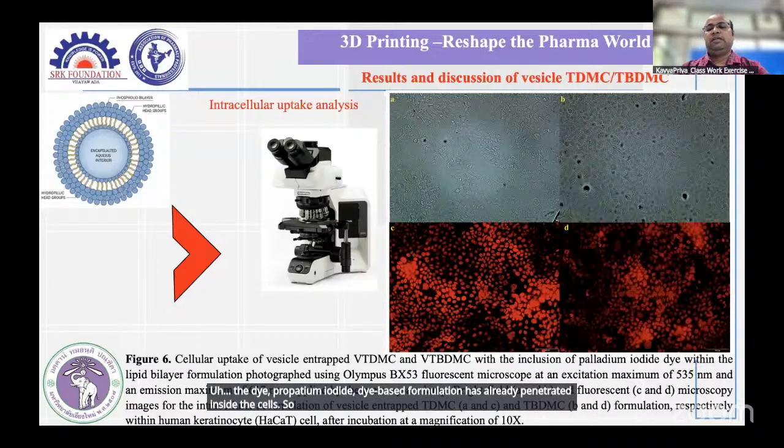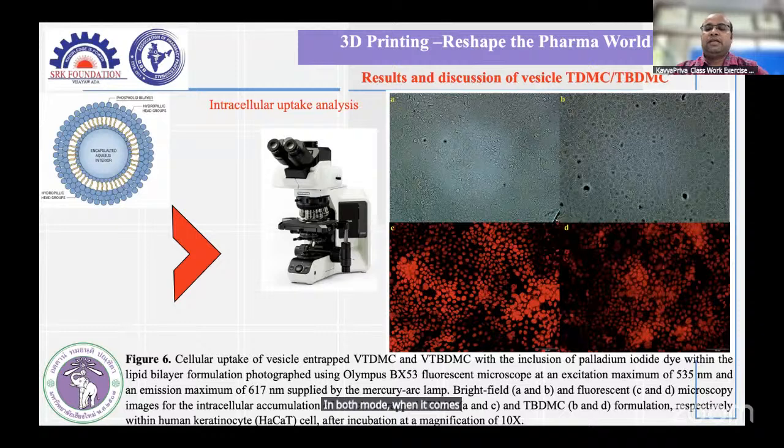You can see in both modes, cells which were treated without propidium iodide loaded vesicles, as well as when treated with the loaded vesicles.